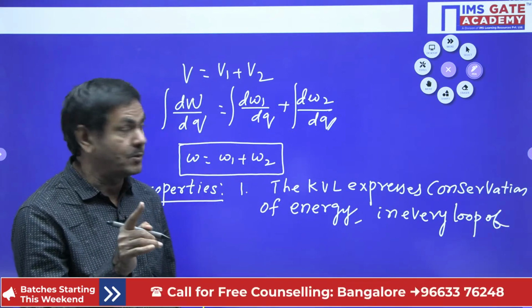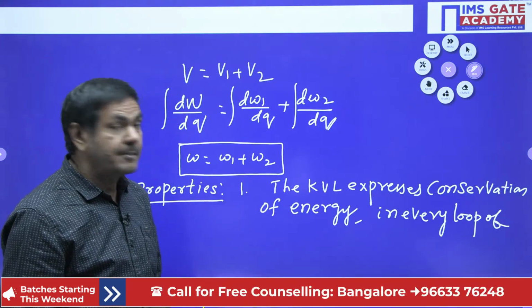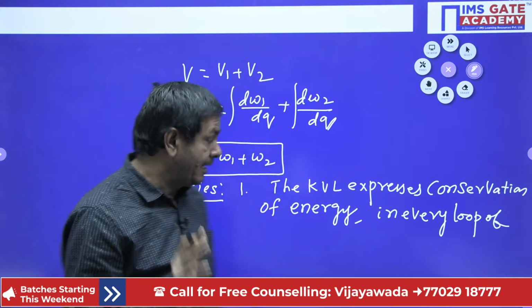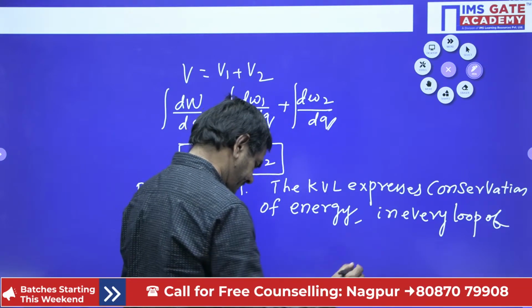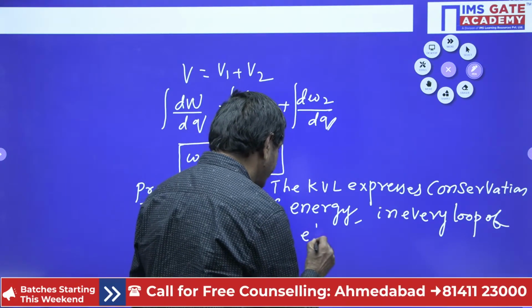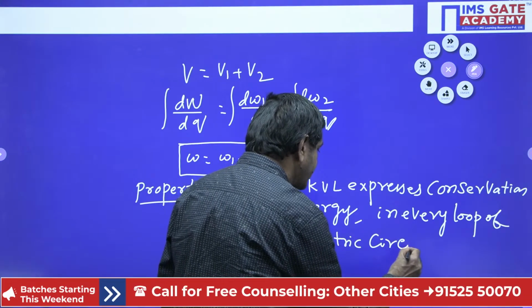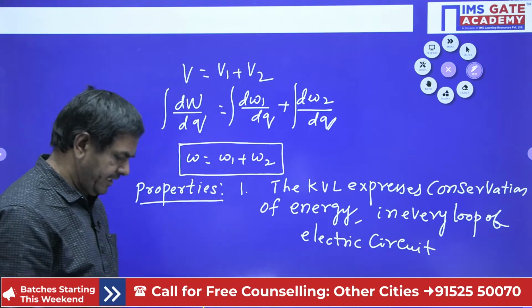It is not allowed for any other circuit; distributed elements are not accepted here. It must be lumped. That is why every loop of the electric circuit is very important. Understand now? That point is very important here.